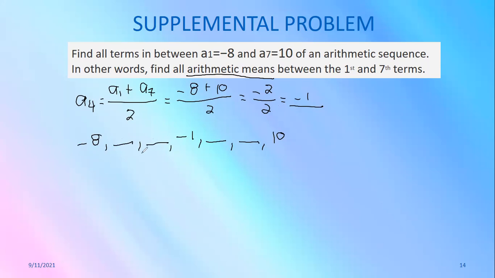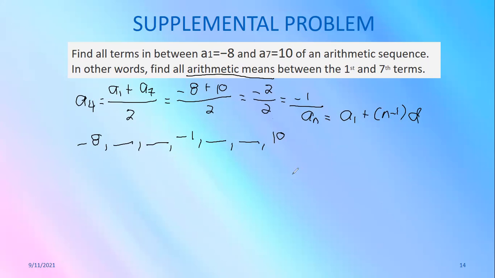Now, how do we get the rest of the items? Okay, so what are we going to do? Are we still going to use the same formula, or are we going to use the formula for the nth term of the arithmetic sequence, which is equal to a sub 1 plus n minus 1 multiplied by d?